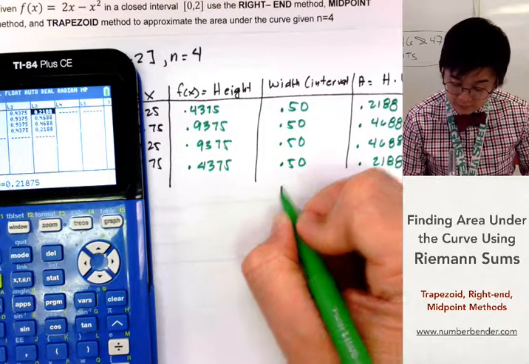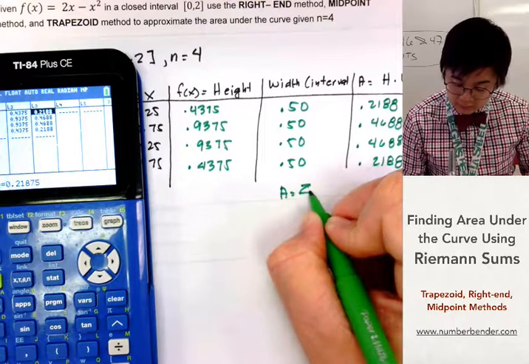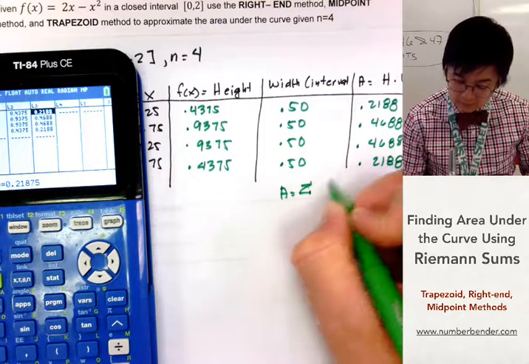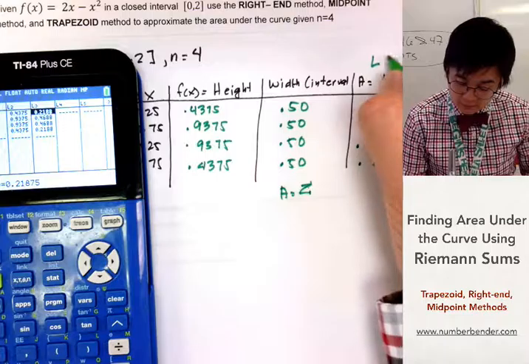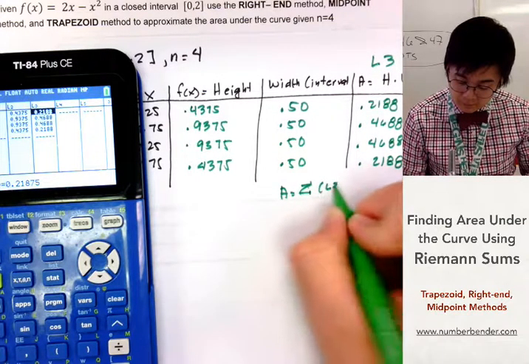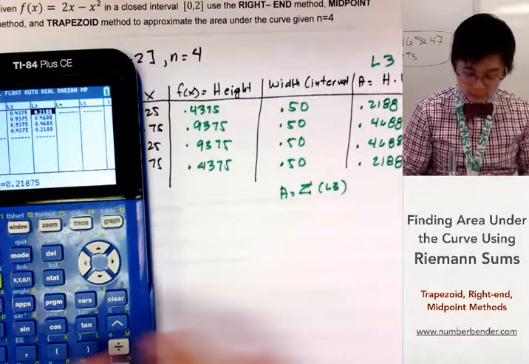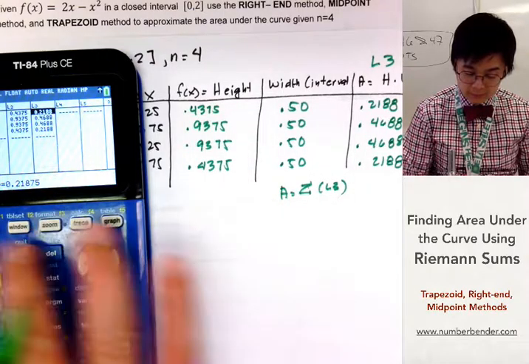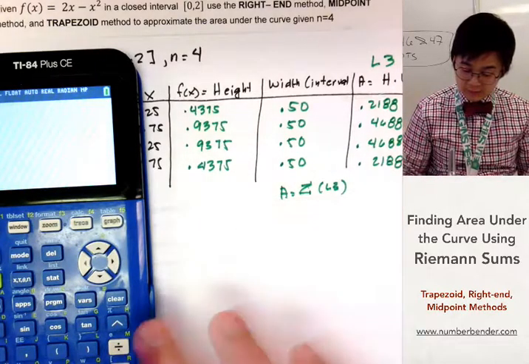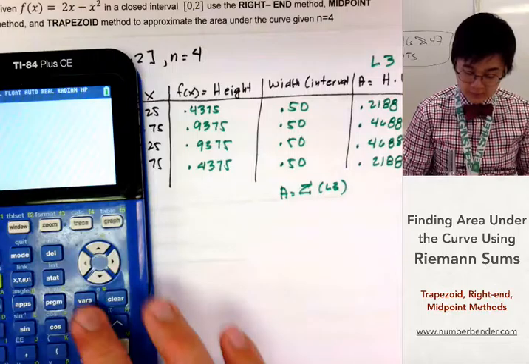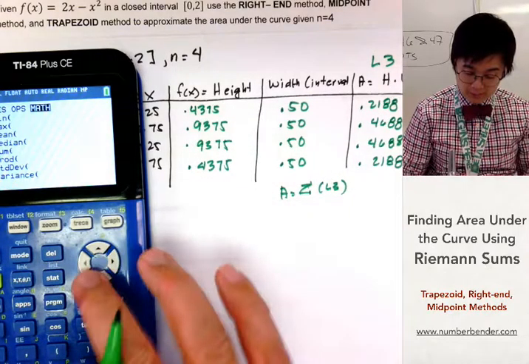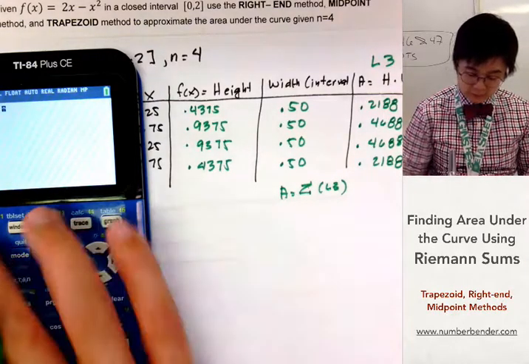Yung area would be the summation of list 3. So, using our calculator, second mode. So, kunin natin si summation, second stat, sa list, go to math, and go to sum of list 3.